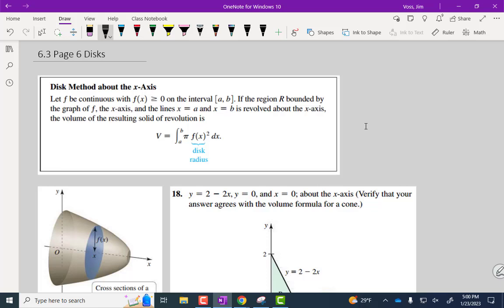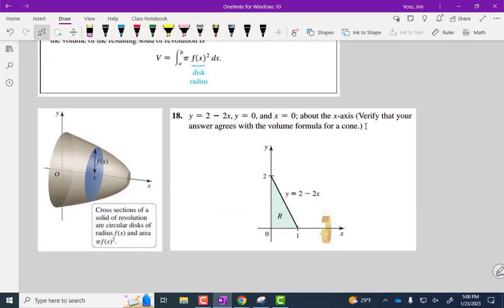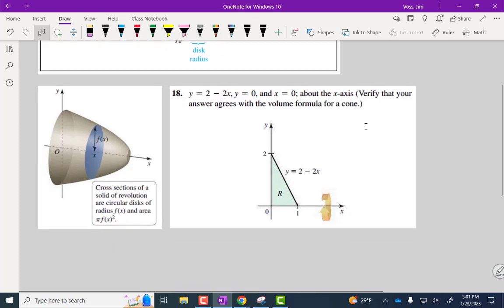So let's think about the discs. The discs are in a lot of ways much easier. Sometimes those geometric cross sections, although not extraordinarily difficult, are a little harder to visualize. When you're just taking a region and rotating it around an axis, it's a little more obvious.